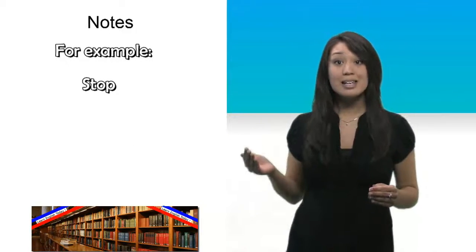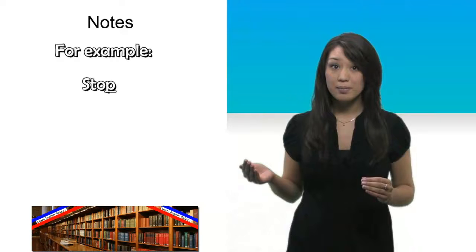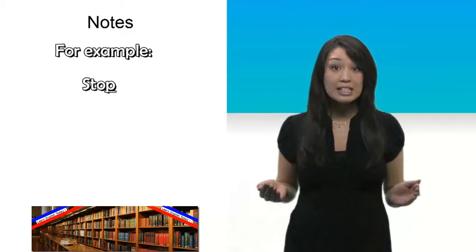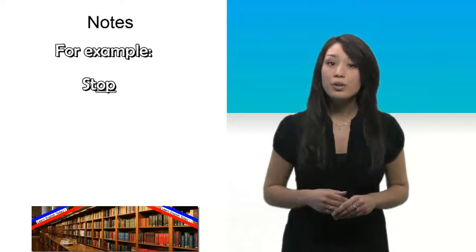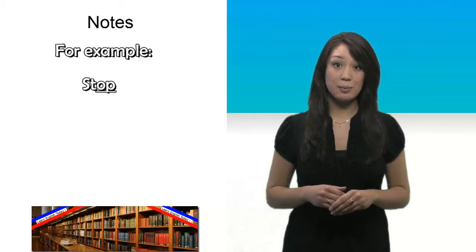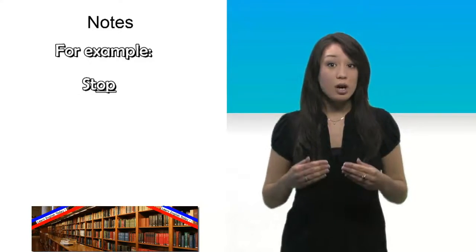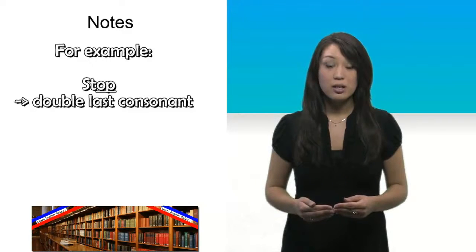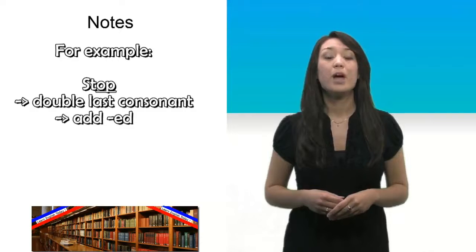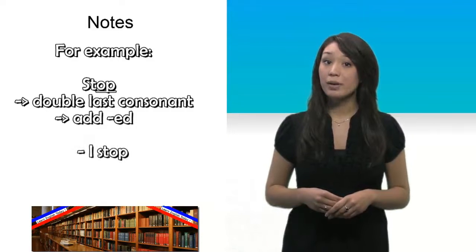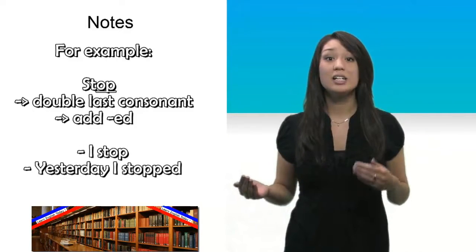Stop ends in the consonant p. The p is preceded by one vowel, o. To put stop in past simple, we have to double the last consonant and then add ed. So, I stop. Yesterday, I stopped.